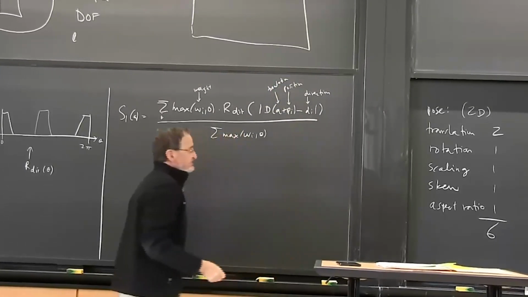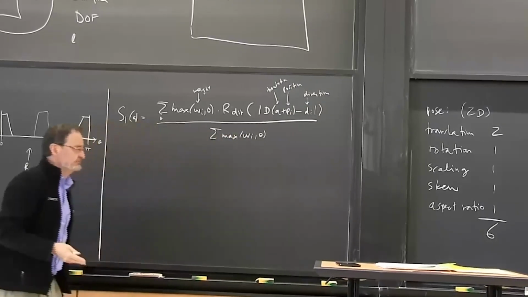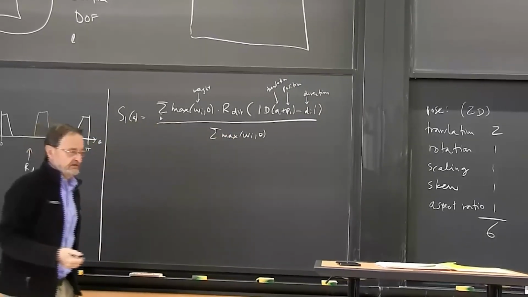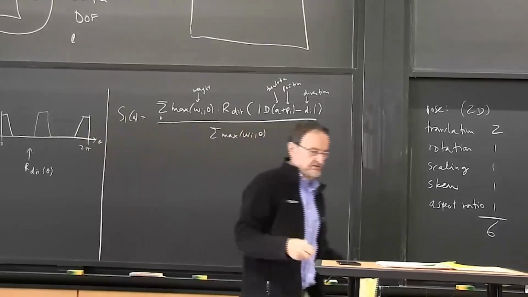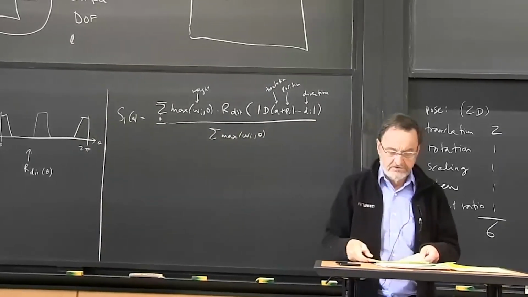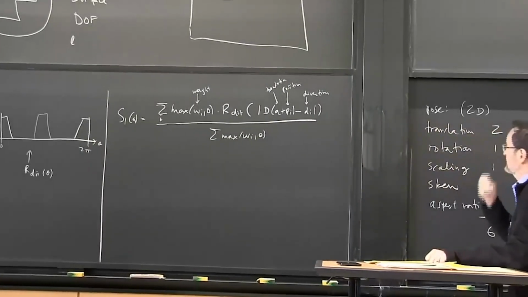And big D is just a function that gives you the arctangent of EY over EX. It's the direction of the gradient in the runtime image. So let's look at that.